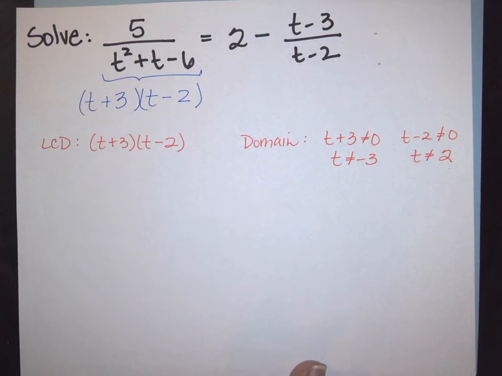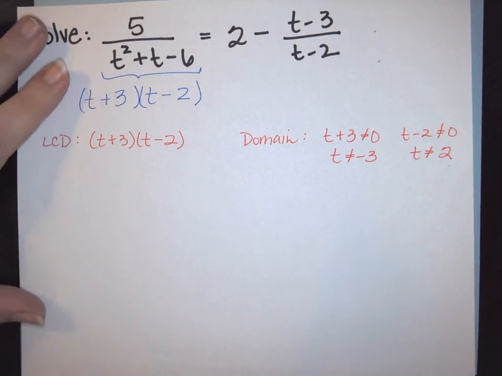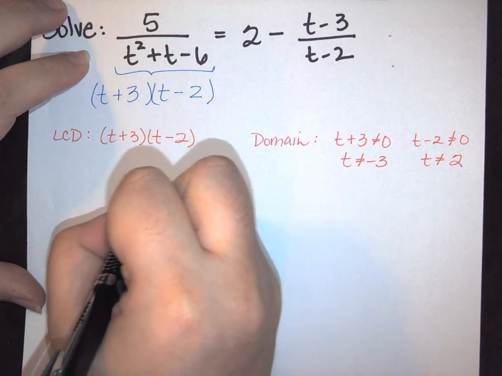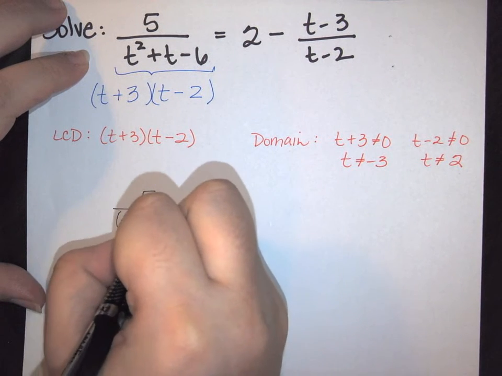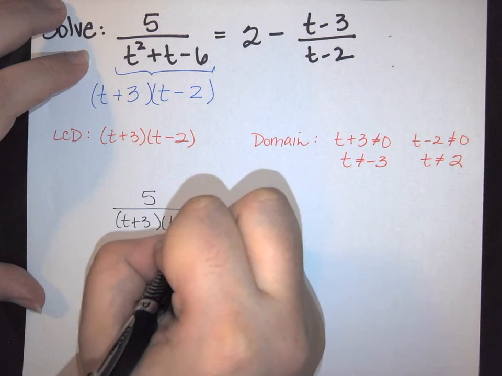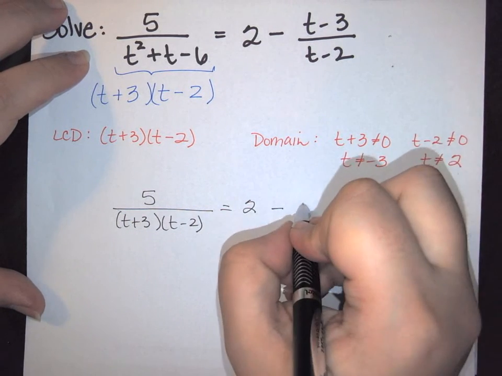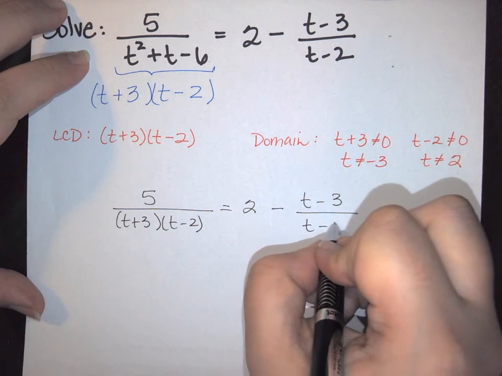So here we want to go ahead now and set up to multiply. So we have our equation. We've got 5 over t plus 3 times t minus 2 is equal to 2 minus t minus 3 over t minus 2.